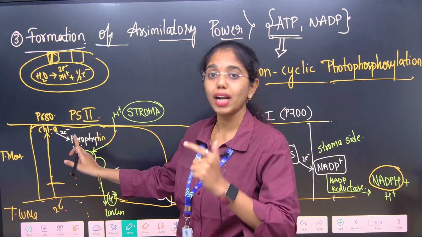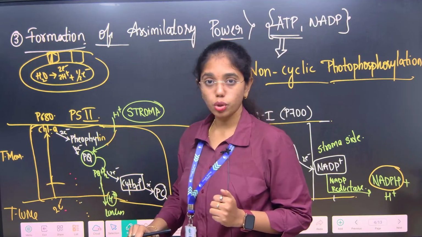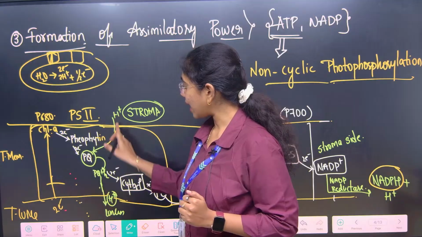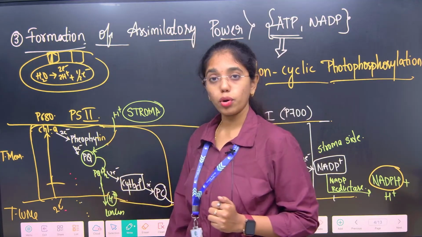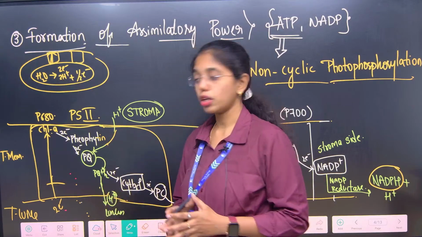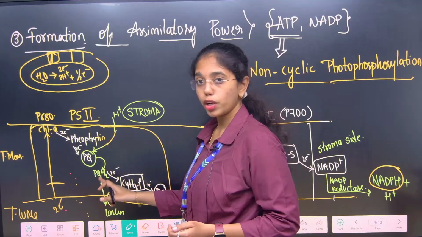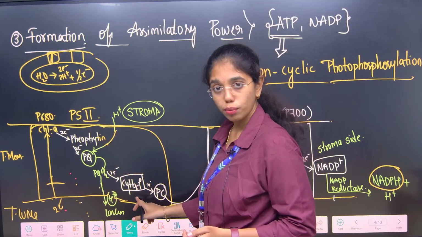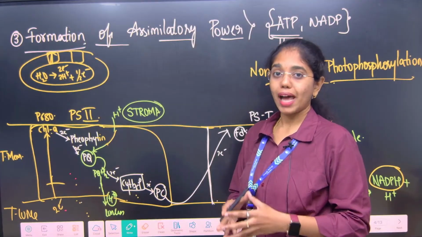two electrons from the reaction center are accepted by the primary electron acceptor, that is pheophytin, followed by plastoquinone. Plastoquinone parallelly takes protons from the stroma, converts to plastohydroquinone, then protons are submitted to the lumen. And from plastohydroquinone electrons are given to the cytochrome B6F complex and then to plastocyanin.